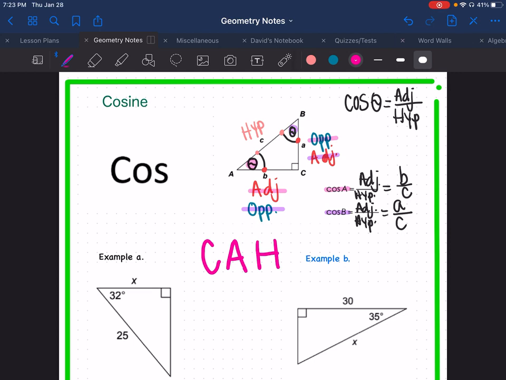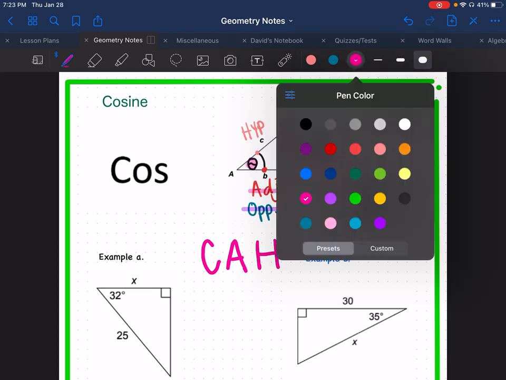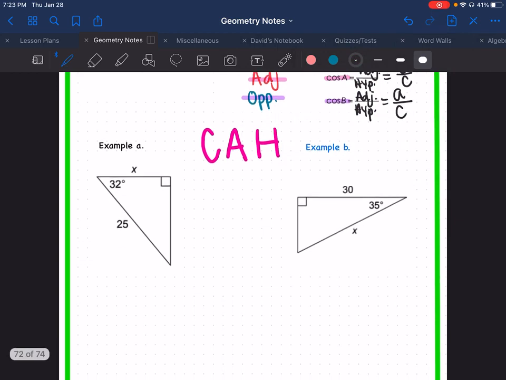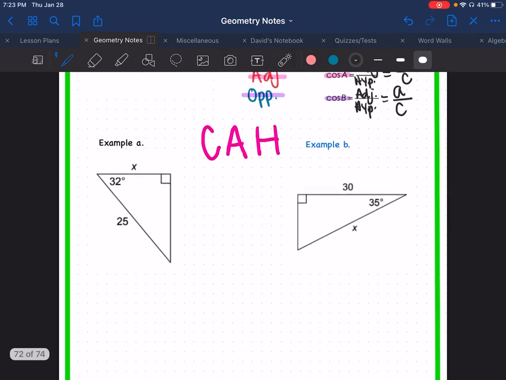We'll learn the one for tangent in just a moment. All right, so very, very similar. Remember, we want cosine theta equals adjacent divided by the hypotenuse. That's my formula.